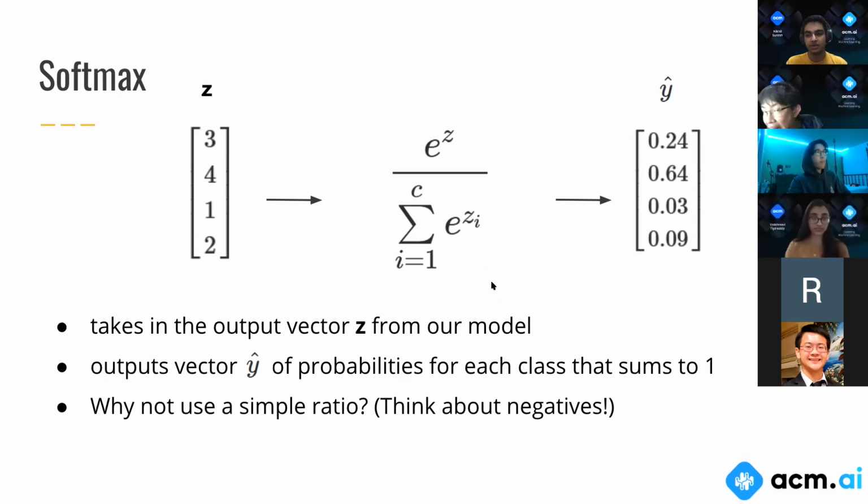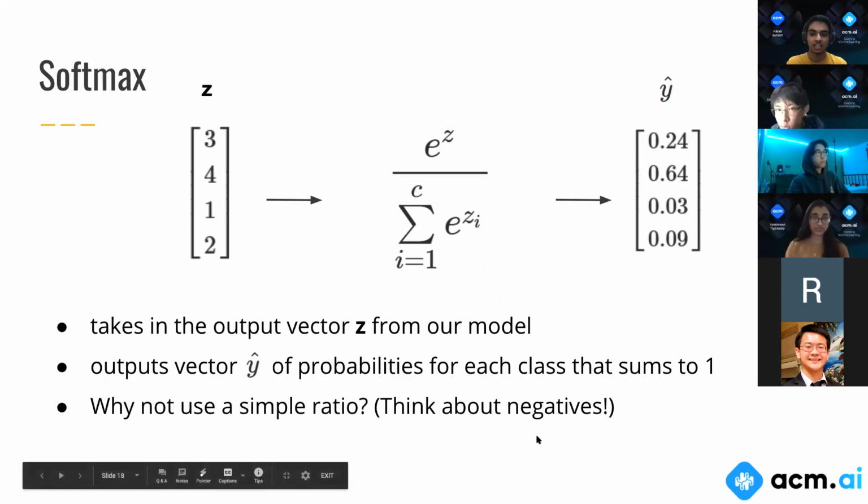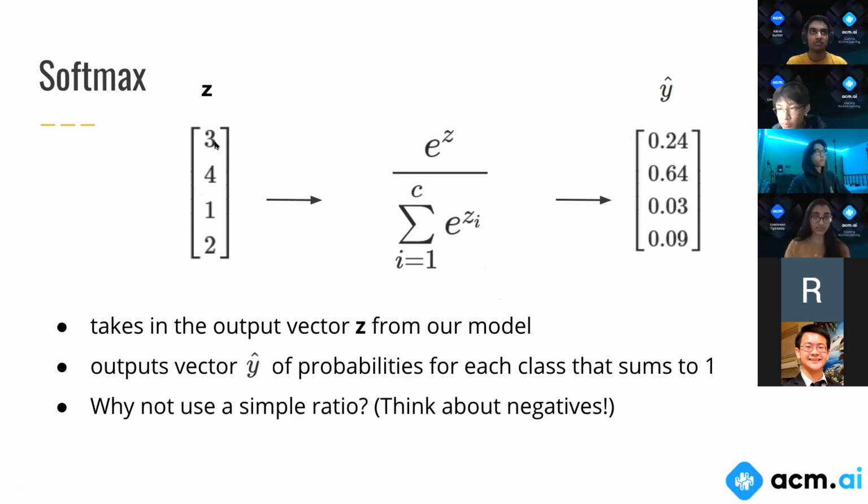I guess the main reason you'd not want a plain ratio is the thing we mentioned right here about negatives. If you took the sum of all of these, 3 plus 4 plus 1 plus 2 is 10, and then 3 over 10, 4 over 10, 1 over 10, and 2 over 10 as our percentages.